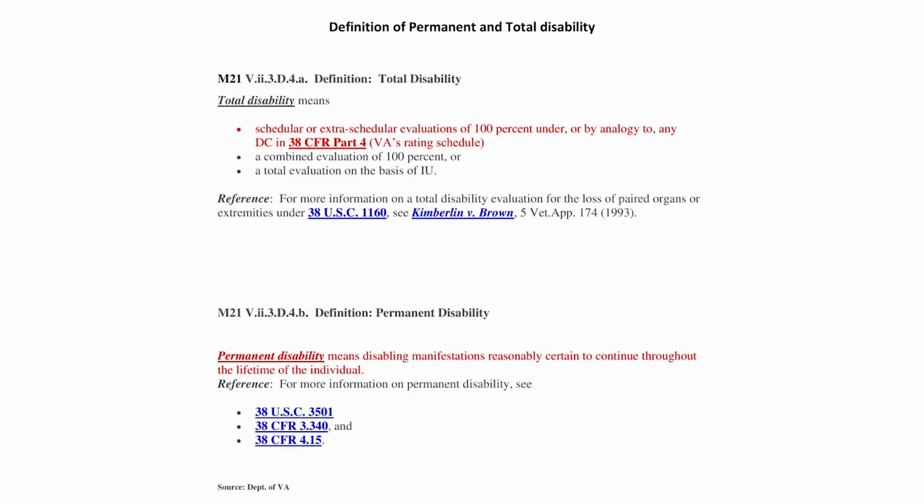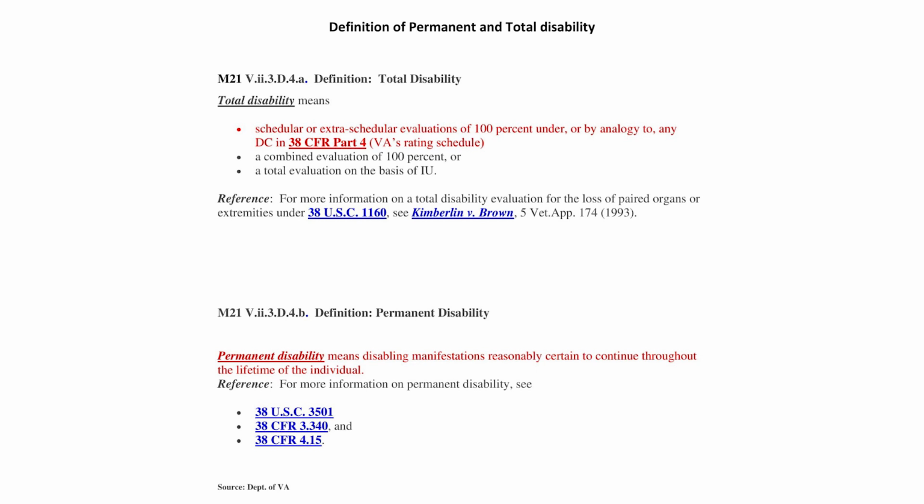Slide number 1. Here in slide number 1, you can see this is the M21 reference definition for total disability and permanent disability. So let's look at the first one, total disability. The VA defines it as schedular or extra-schedular evaluations of 100% under or analogy to any DC, meaning diagnostic code, in 38 CFR Part 4, and in parentheses, I typed in VA's rating schedule, okay?